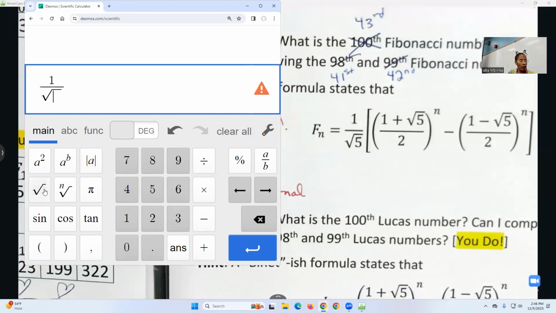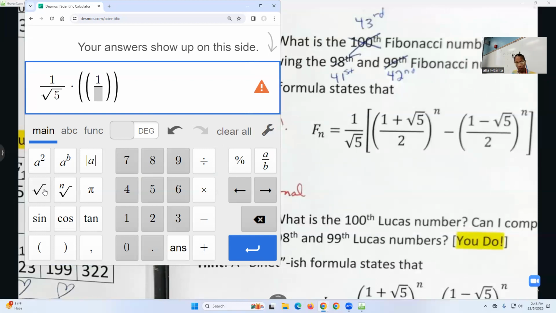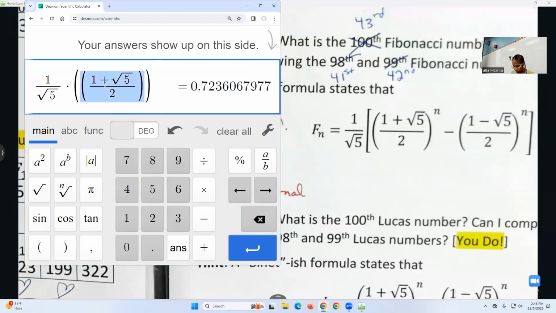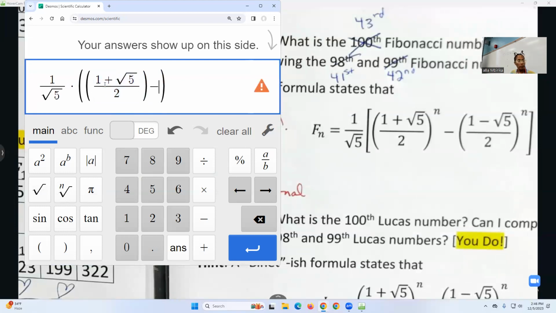Square root of 5. And then I'm going to have 2 sets of that. Maybe I should put a times here. And then I'm going to have 2 sets of that again, and then a fraction: 1 plus square root of 5 divided by 2. Let's just copy and paste this, minus that.